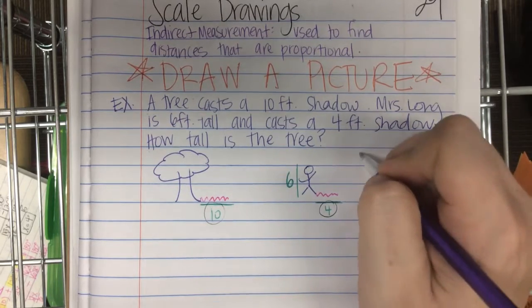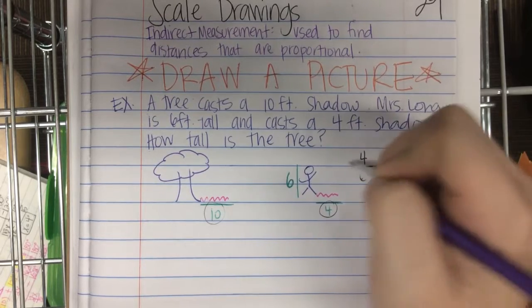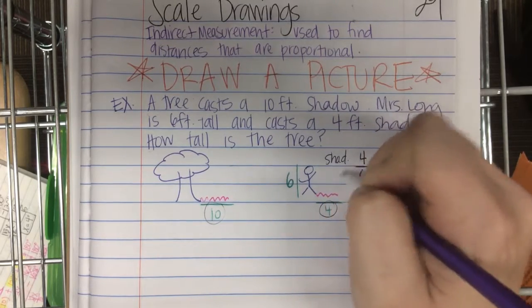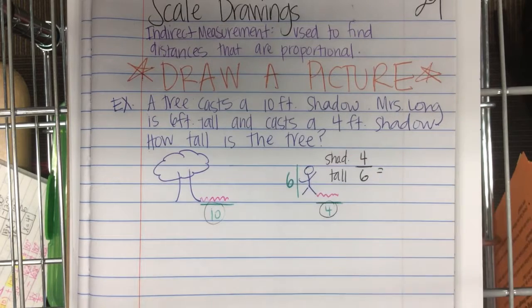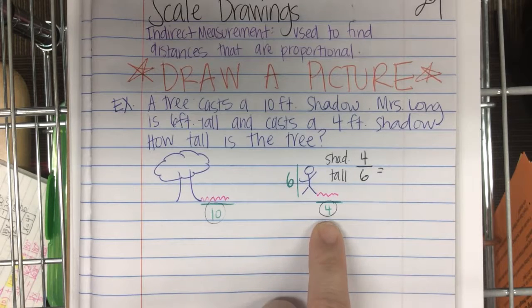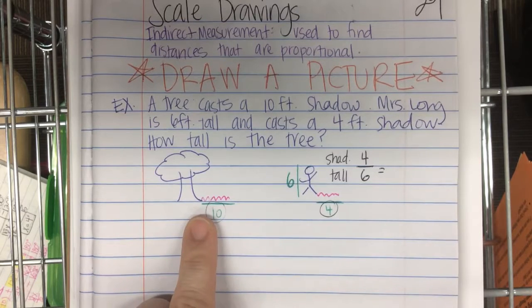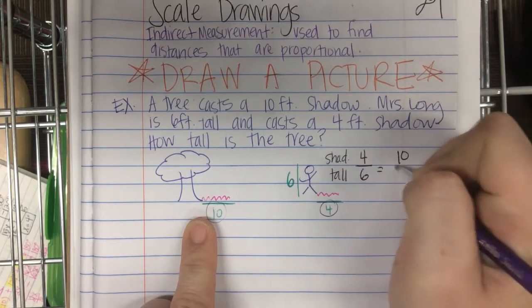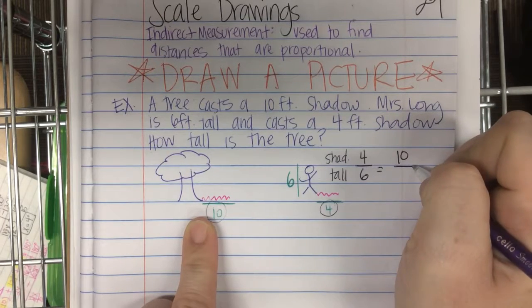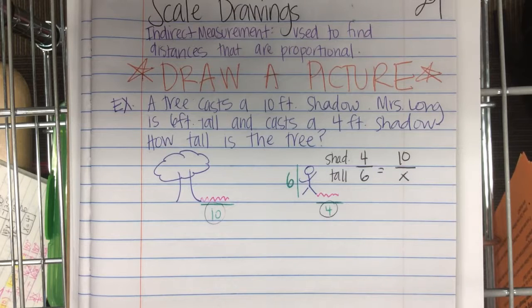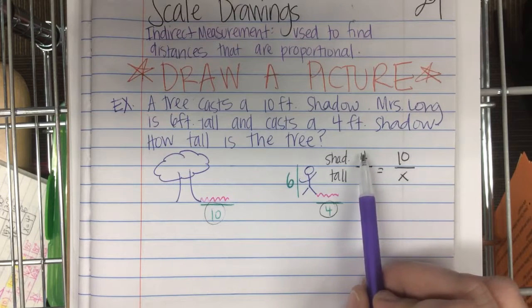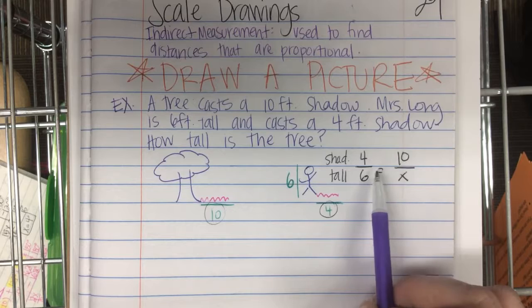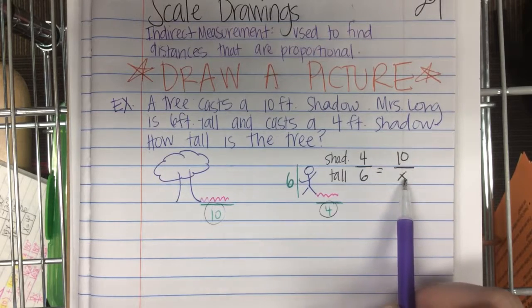Mrs. Long's proportion is 4 over 6, because that's my shadow over tall. The tree is 10 over X, because I don't know. Your same labels go on top, so I have the shadow on top, and I have how tall Mrs. Long is, and I don't know how tall the tree is.